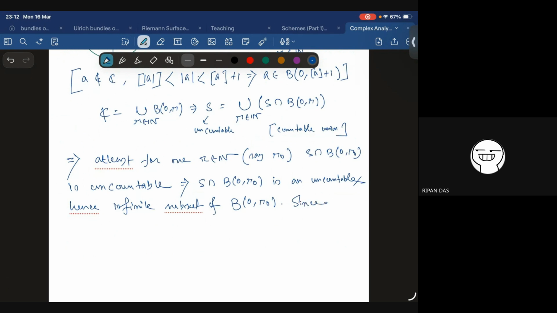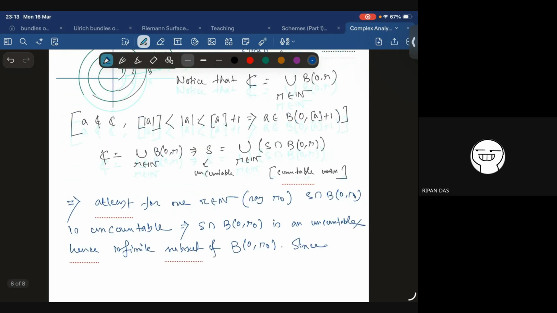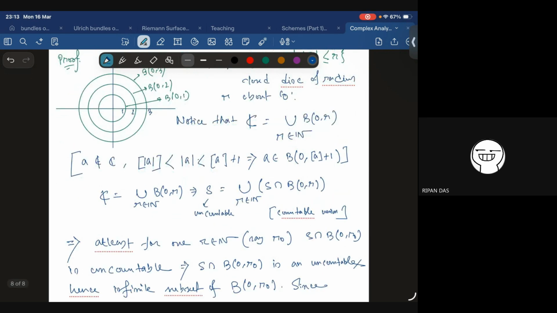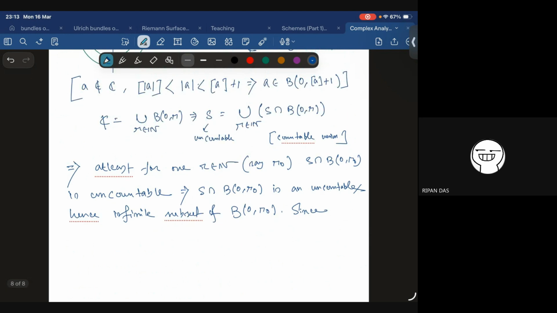Since B0R naught is bounded, it has a limit point, basically. Okay.